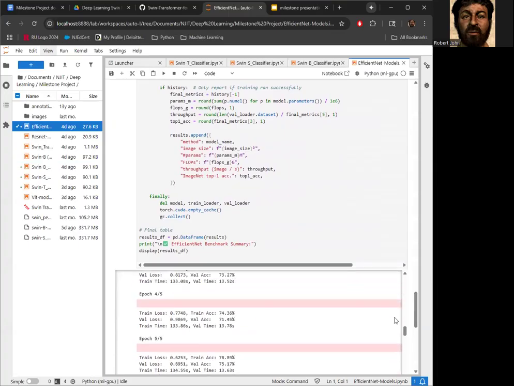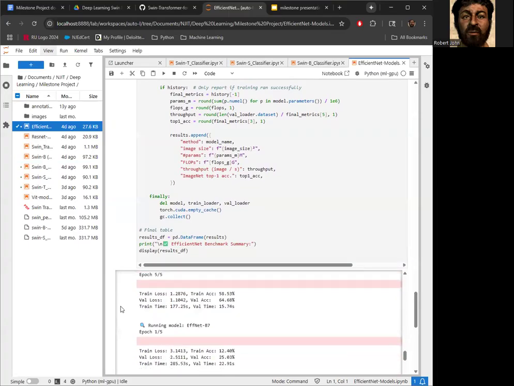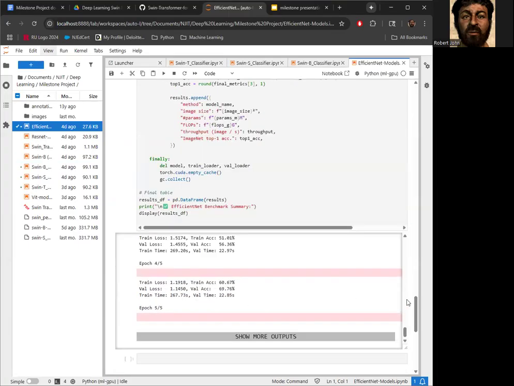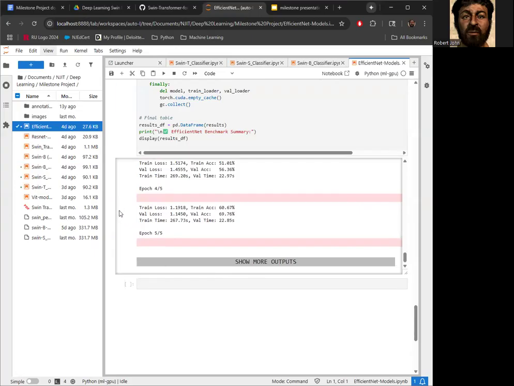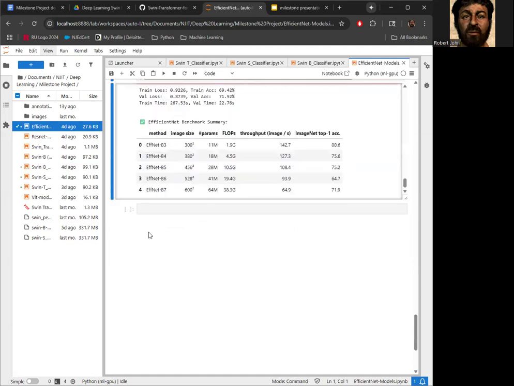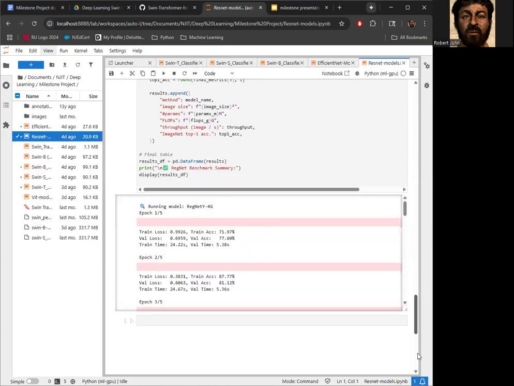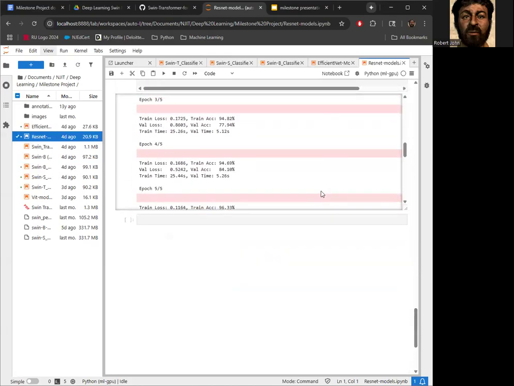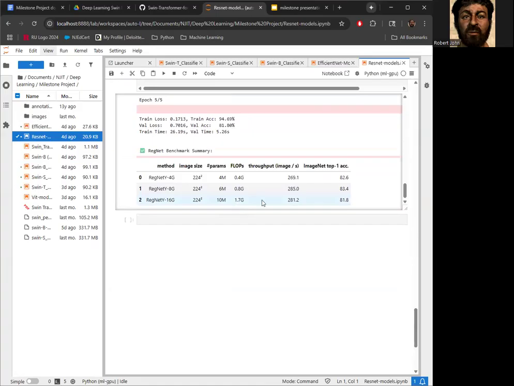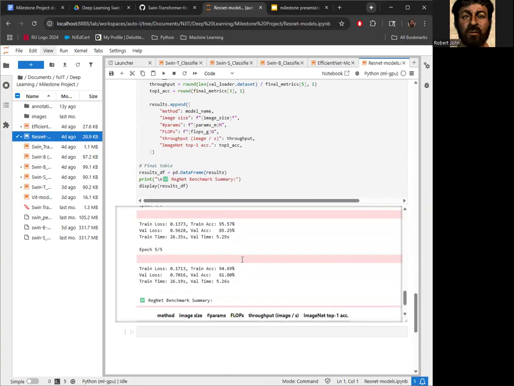And this is my output, like I said. Same thing for the ResNet model. I ran them locally. This is the output, training per epoch.